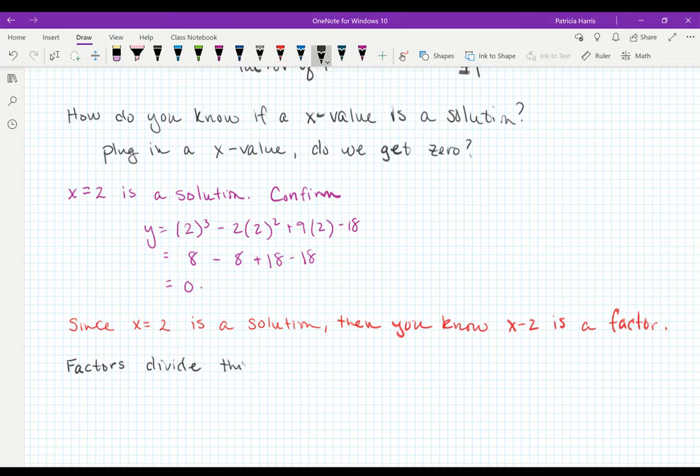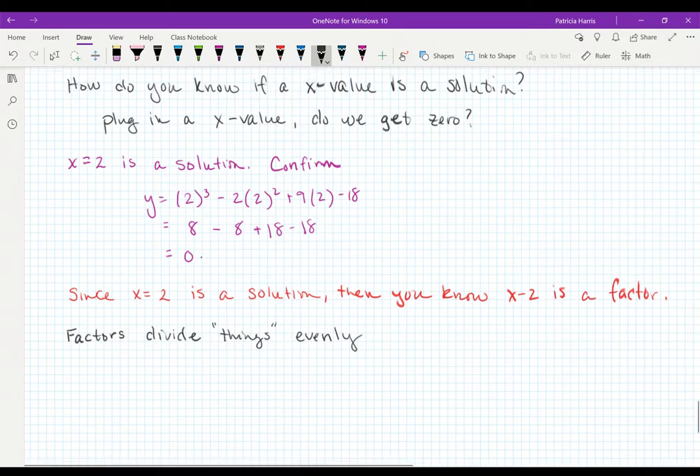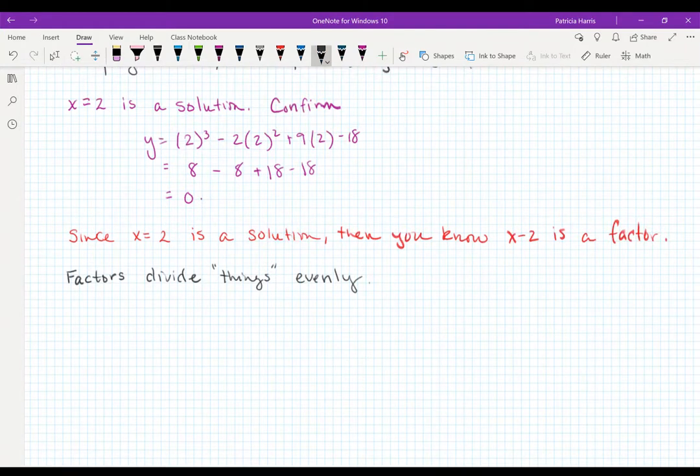Now, here's where you start working backwards. Factors divide things evenly. So if I say 3 is a factor of 15, I know that 3 divides 15 without a remainder. So I know that x minus 2 is a factor of x cubed minus 2x squared plus 9x minus 18.